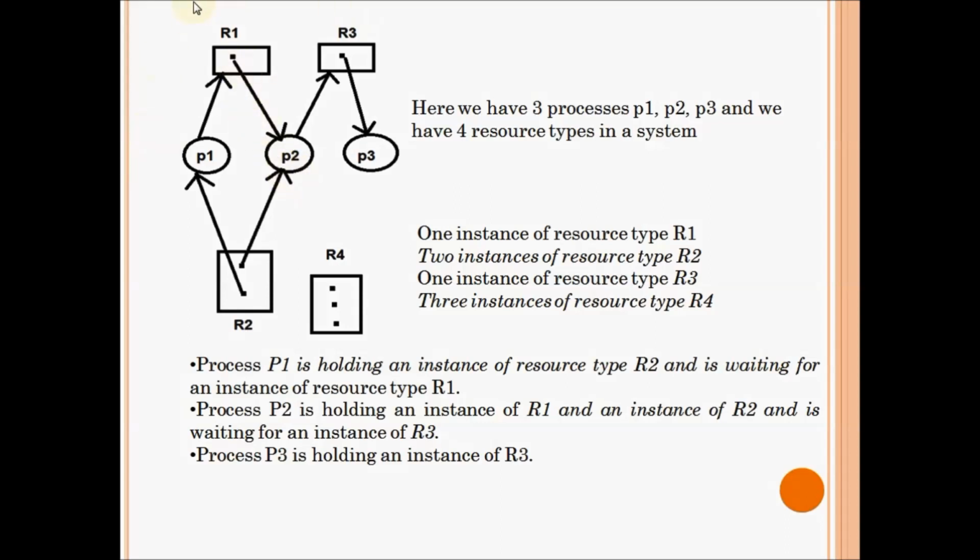P2 is waiting for the instance R3, but along with that P2 is also holding an instance of R2. Getting, guys? So process P2 is holding an instance of R1, and in the same way an instance of R2. It's using both R1 and R2, but P2 is waiting for an instance from R3.